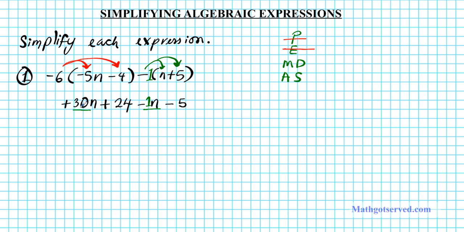Okay, so what is 30 minus 1? 30 minus 1 is 29. 29n. 24 and -5, we'll combine those two. Positive 24 minus 5 is positive 19. Okay, plus 19. If the first term in an expression is positive, you do not have to put any sign there. Okay, so our final result is 29n plus 19.